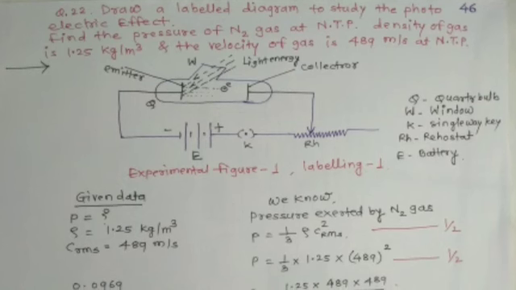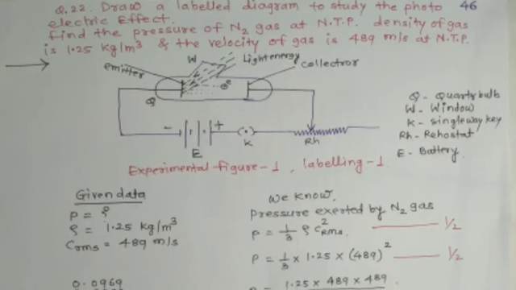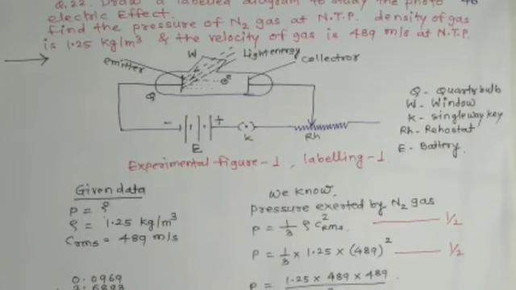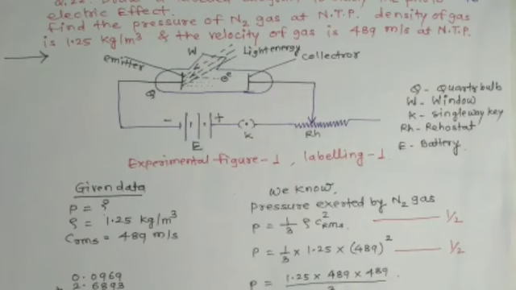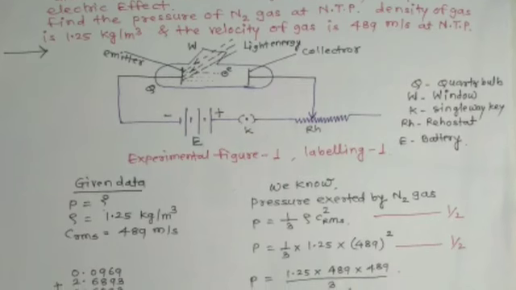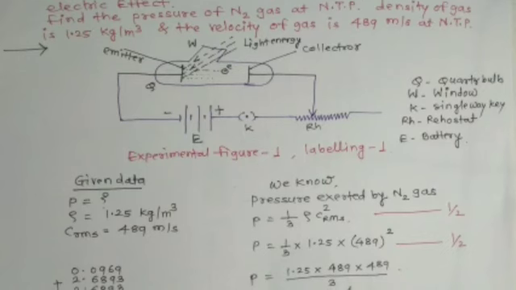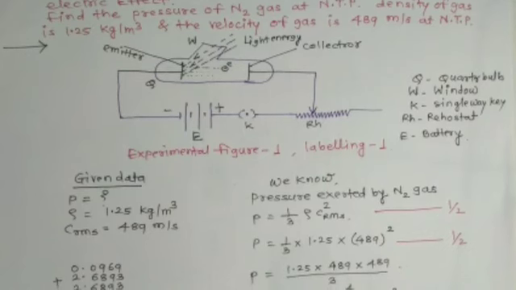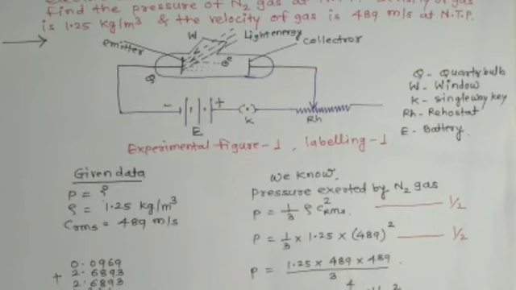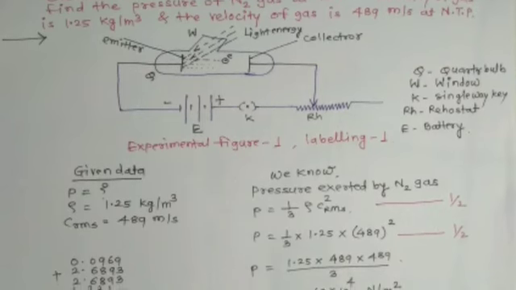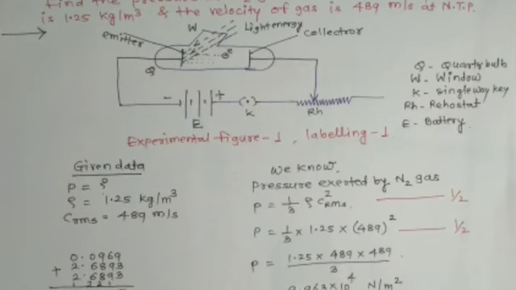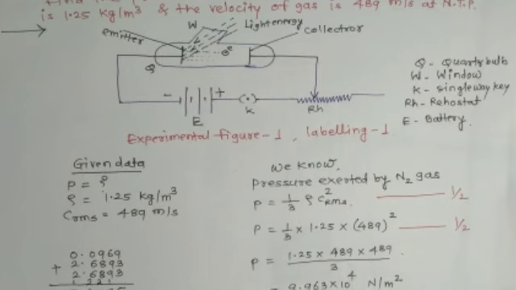Question number 22. Draw a labeled diagram to study the photoelectric effect. And numerical: find the pressure of nitrogen gas at NTP. Density of gas is 1.25 kg per meter cube and velocity of gas is 489 meter per second at NTP.